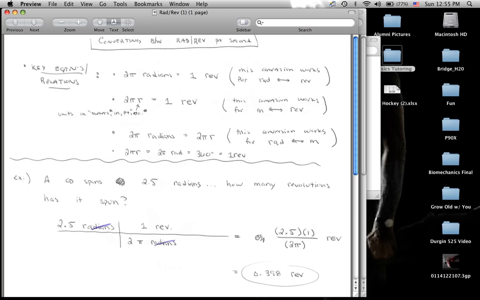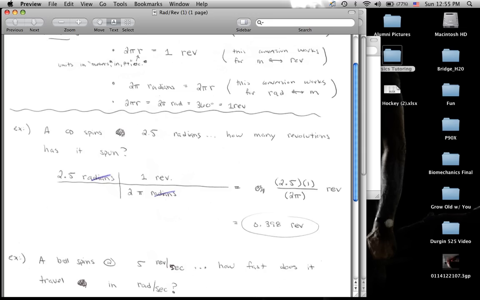So I wrote meters, for instance, to convert to revolutions. And then 2 pi radians equals 2 pi r, so that's from radians to some linear distance, meters, inches, whatever. And then at the bottom, I've related them all to each other: 2 pi r equals 2 pi radians equals 360 degrees equals 1 revolution.